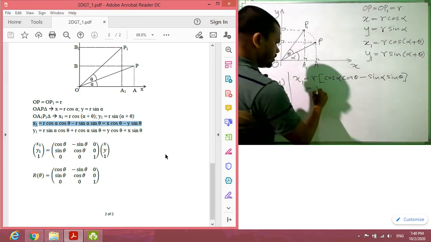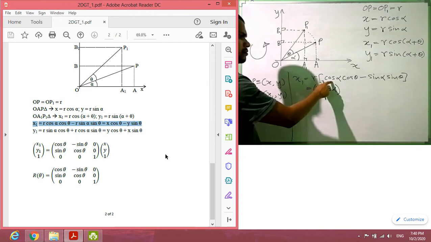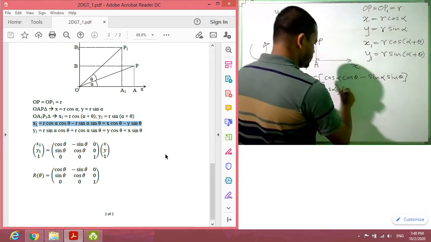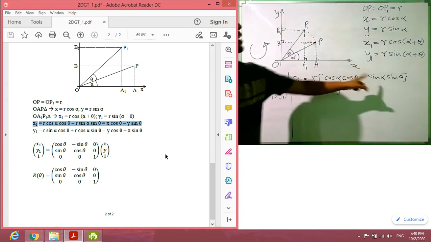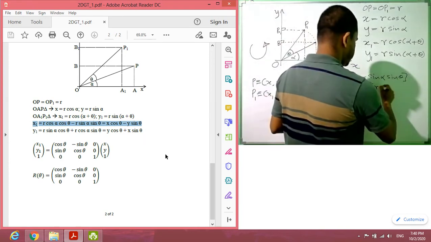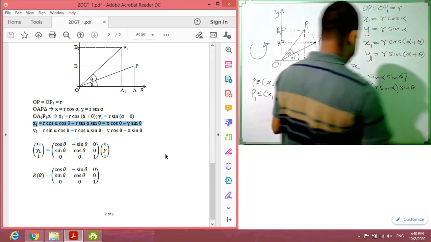R cos alpha cos theta minus R sin alpha sin theta.